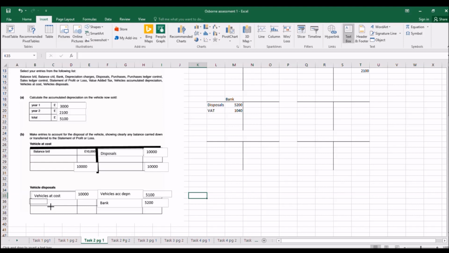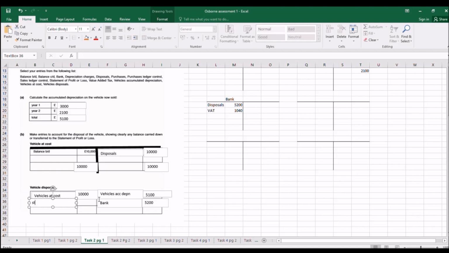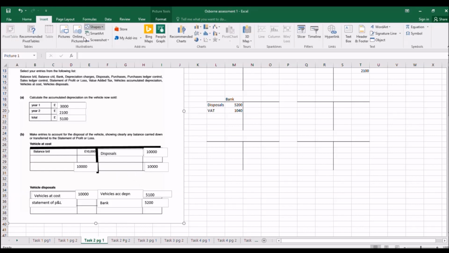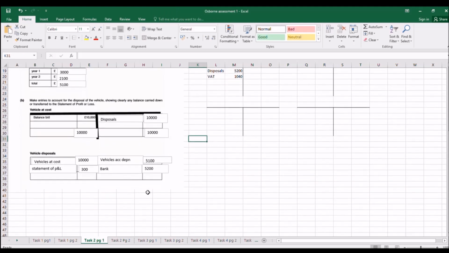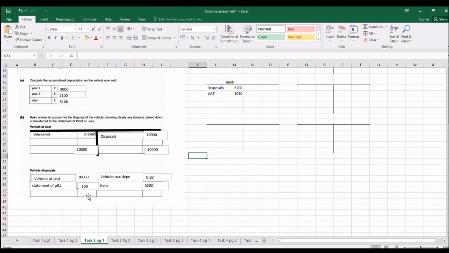That one's going to be our statement of profit and loss, and we'll put that 300 into there. Then we would close these down with the 10,300, and I'm going to skip on to save some time. So 10,300 will go in there, and 10,300 will go in there.